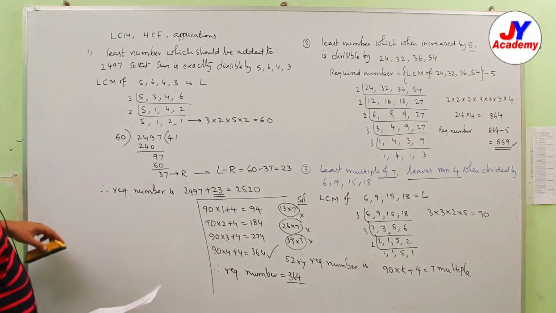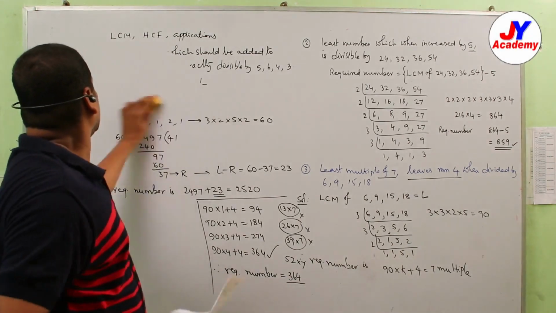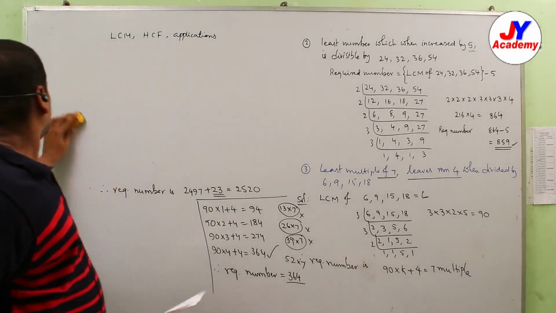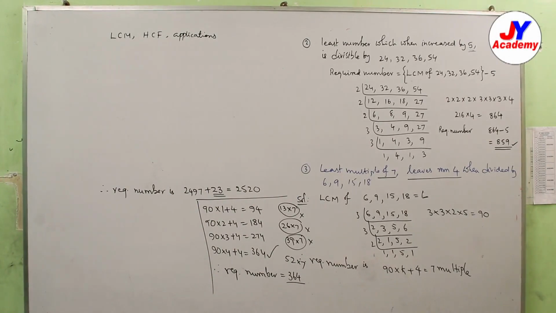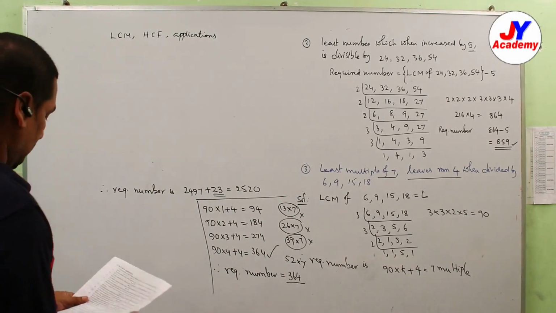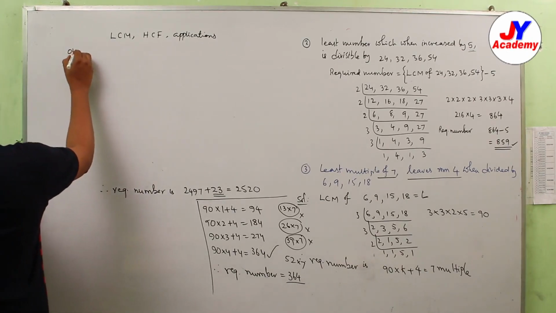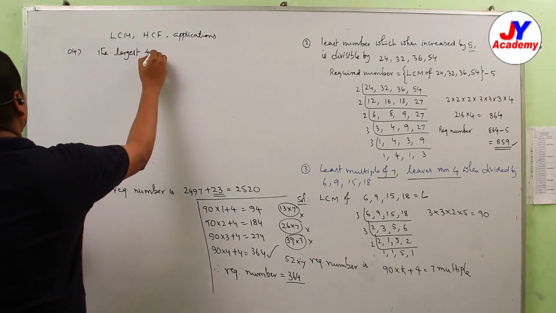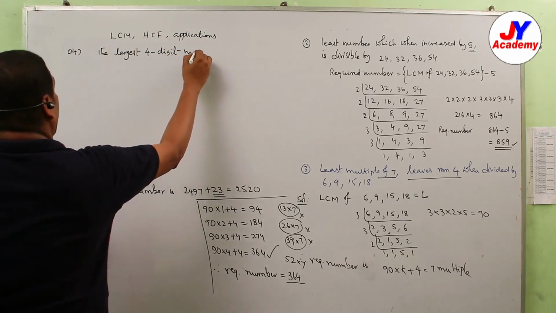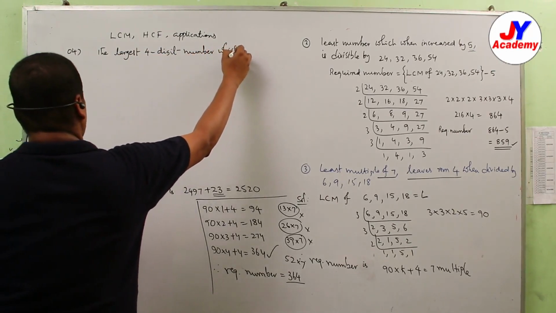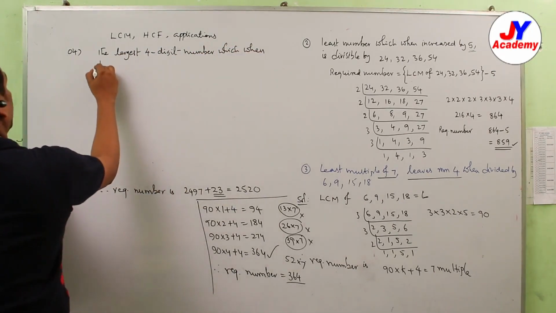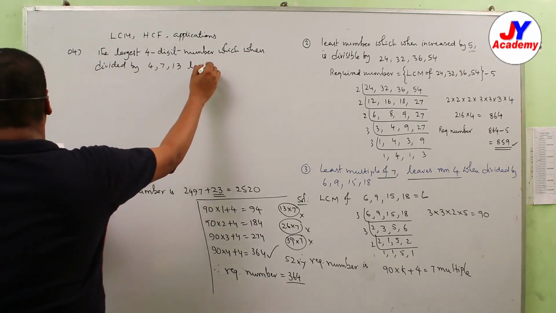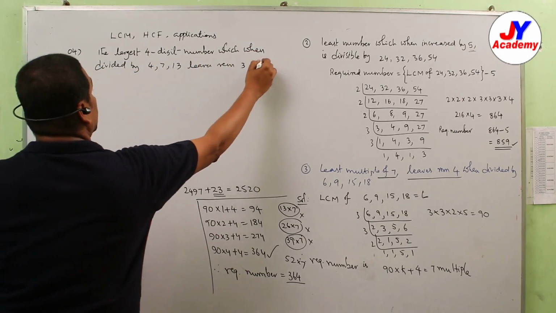So now we'll see the next question. Largest 4-digit number which when divided by 4, 7, 13 leaves remainder 3 in each case.